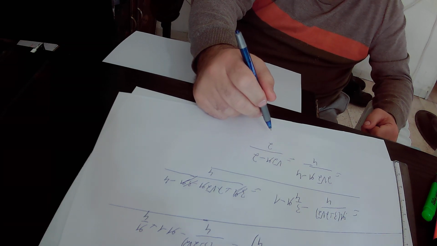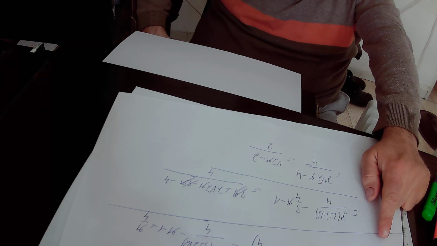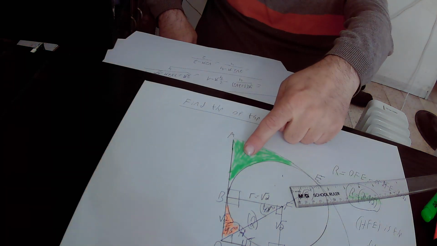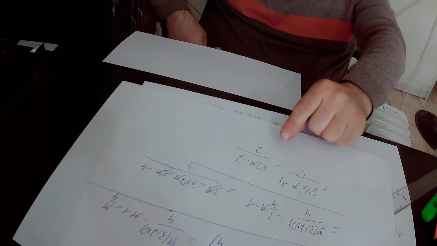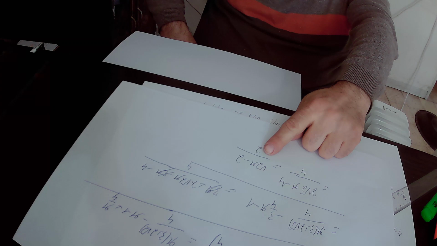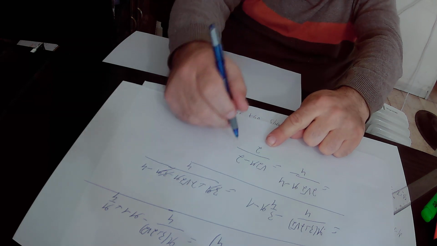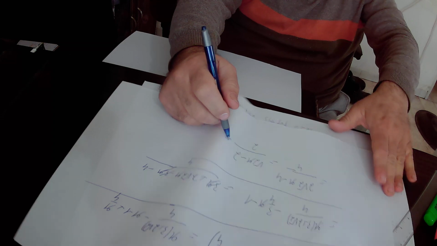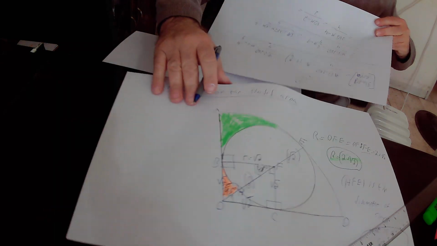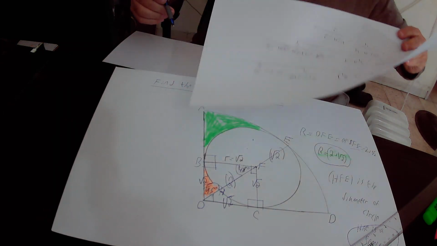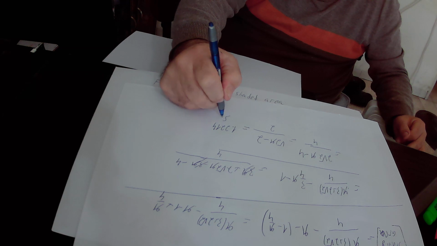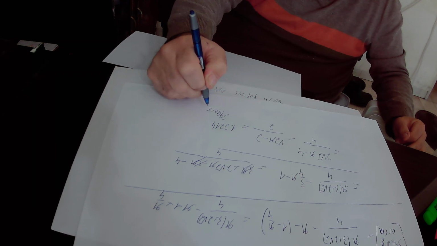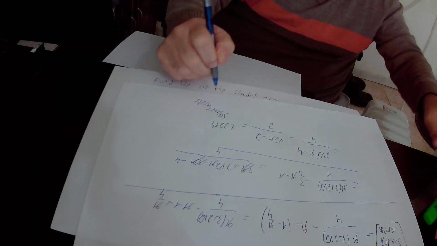So in conclusion we found out that the size of the green shape, or the middle of this shaded area, equals either the square root of 2 times pi minus 2, over 2 square units, or in terms of numbers, the size of this green shape equals 1.2214 square units. And that is the answer to the question.